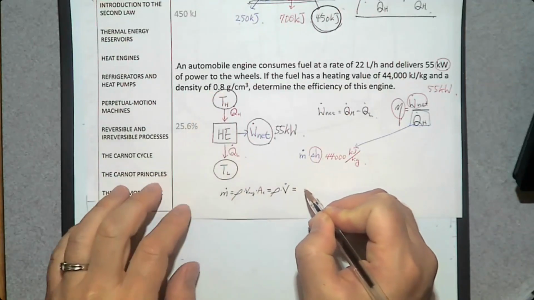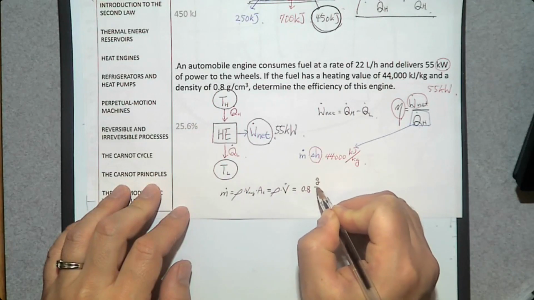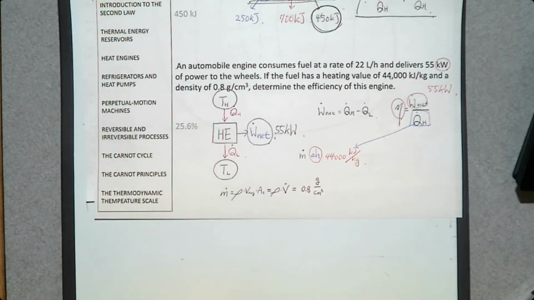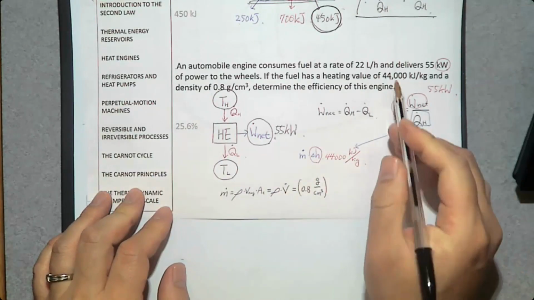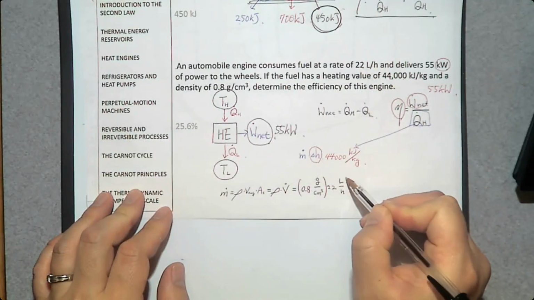What is the density? 0.8. What is the unit? Gram per centimeter cube. What is the volumetric flow rate? 22 liters per hour.